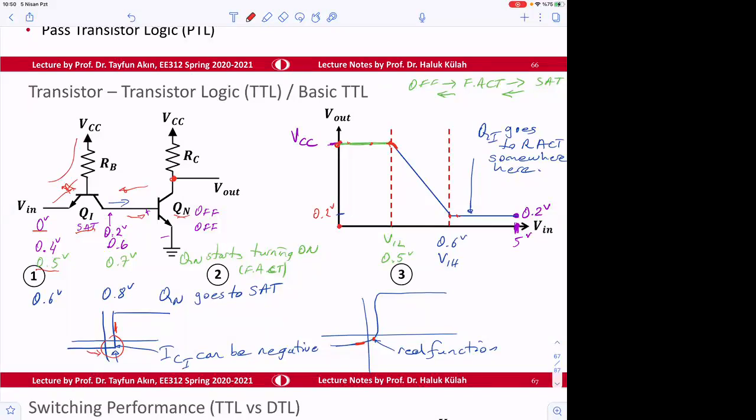That's not going to be accurate according to our modeling, so we don't even question that. Does it become reverse active at 0.7 or 0.8? We don't really care about that. As long as we have our voltage transfer function like this, everything is okay for us. Is that okay?